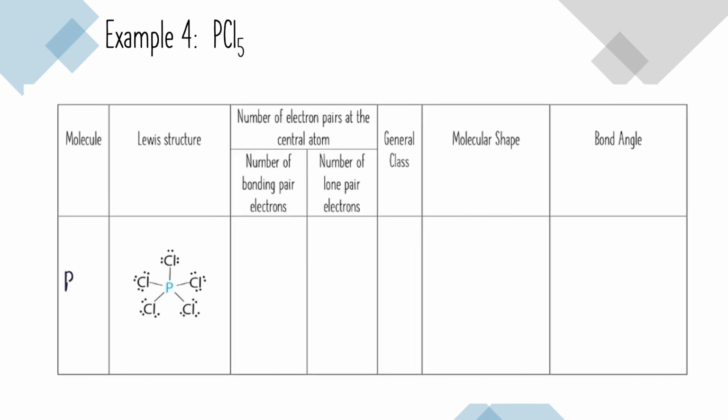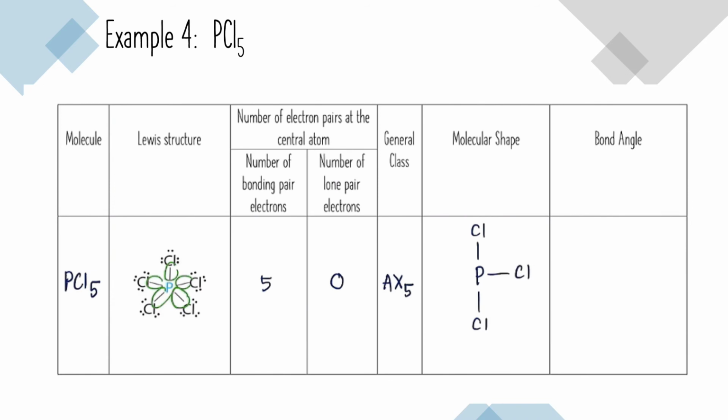Next is the PCl5 molecule. So from the Lewis structure, we can tell that the number of bonding pair electrons is 1, 2, 3, 4, 5. So there are 5 bonding pair electrons with 0 lone pair electrons. The general class is AX5. So the molecular shape is P at the center, the first one is at the top, one at the bottom, one at the side.